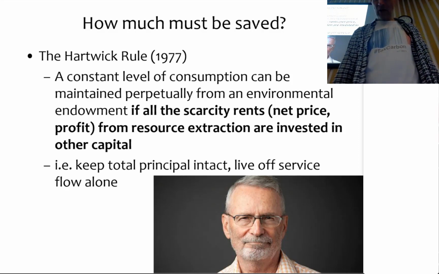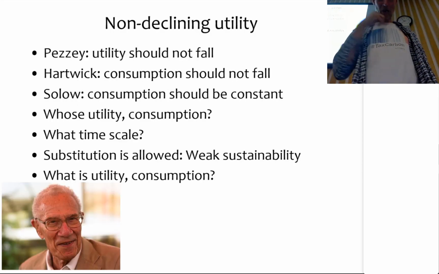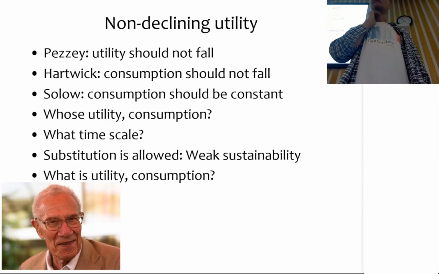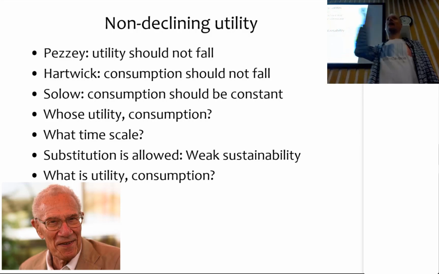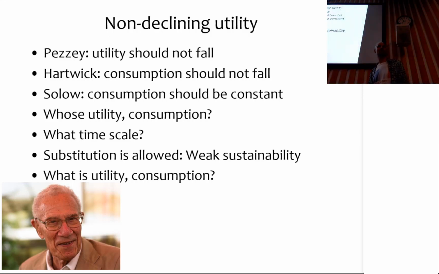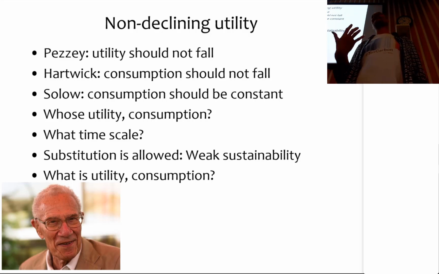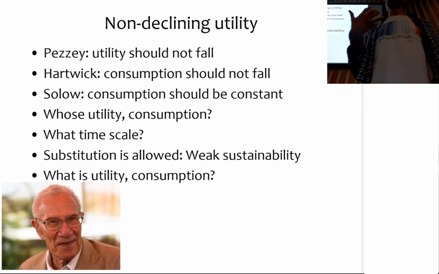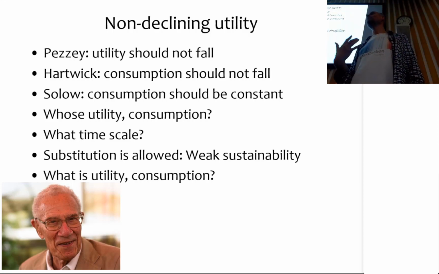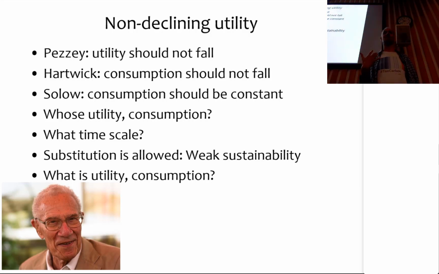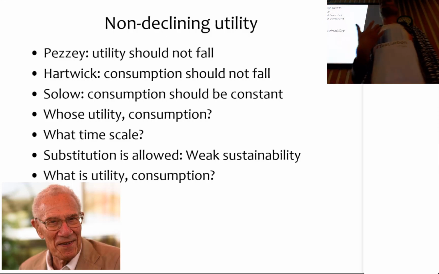Now, Bob Solow, who you see here, put this in a long-term growth model and concluded, well, if we live on a finite Earth and we want to maintain the capital stock, then that can only imply that consumption is constant. Not so much, as Hartwick argued, that consumption should not fall, which we probably all agree on, but the fact that we live on a finite planet then means that consumption should be constant.